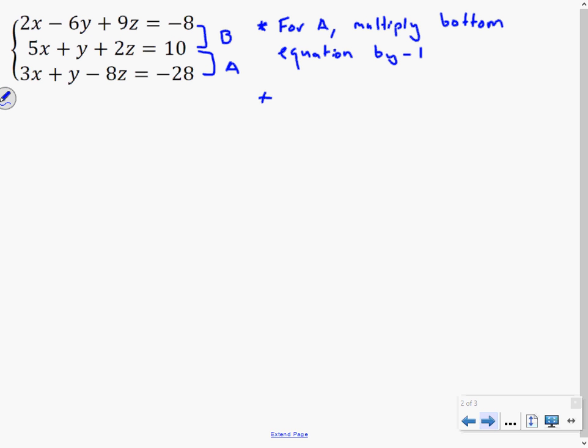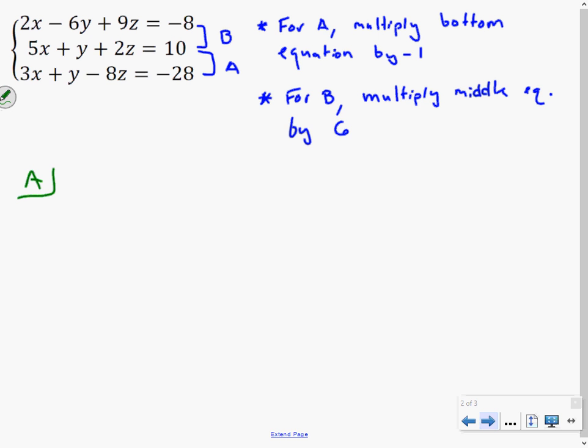And then for b, in order to get those y's canceled out, I'm going to multiply the middle equation by 6. So let's actually set up these a and b equations that I keep talking about here.